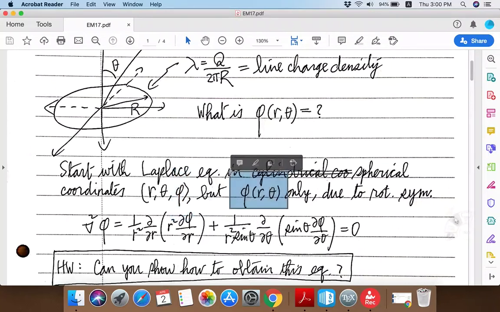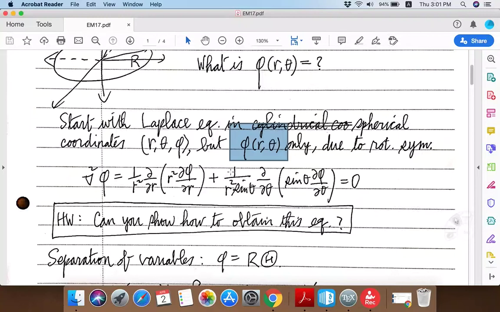So instead of this potential depending on three variables, it will most likely depend on only two variables, and that does simplify the problem a lot. Okay, so invoking the symmetry from the early stage of the problem solving is always a good idea in physics. And here is one example of that.